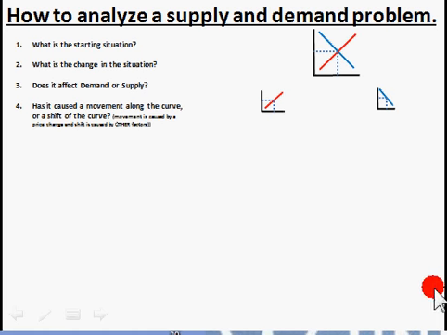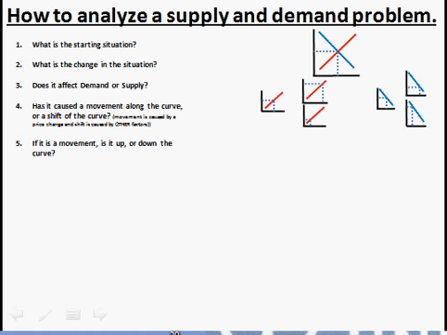Now, if it's movement, is the movement up or down? Are we experiencing movement up a supply curve or up a demand curve, or movement down the supply curve or down the demand curve? If the answer was yes, there was movement because they've described a price change, then is that movement going to be up or down which curve?